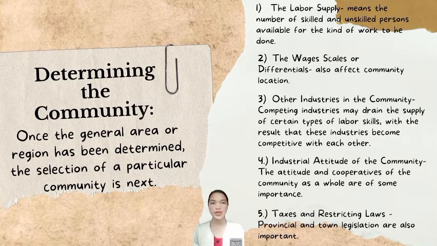Third, other industries in the community. Oftentimes, competing or complementary enterprises in a community influence the decision and the selection of a plant site. Competing industries may drain the supply of certain types of labor skills, with the result that these industries become competitive with each other. With such conditions existing, that place is therefore not a good site for the business.